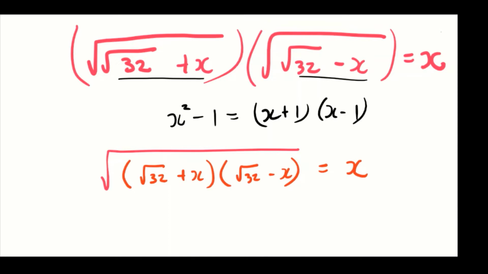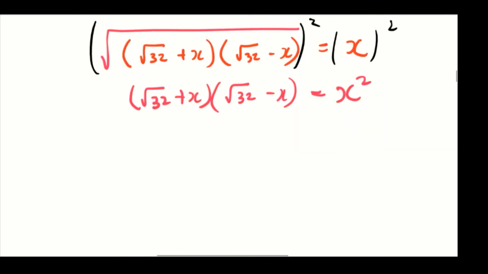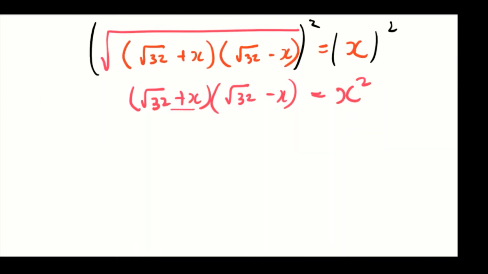So we're just going to square both sides, so we can square this side here and square this side here, and then we'll remain with the root of 32 plus x, the root of 32 minus x being equals to x squared, right?